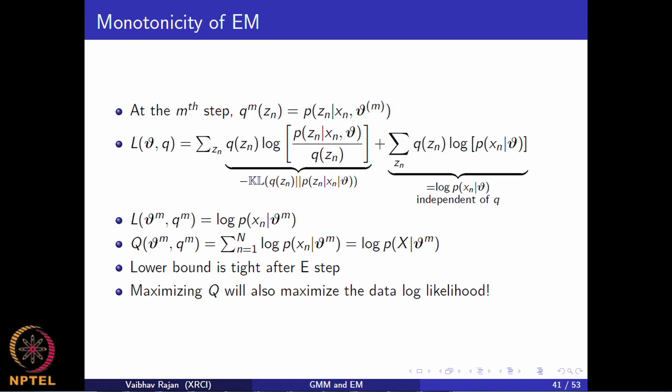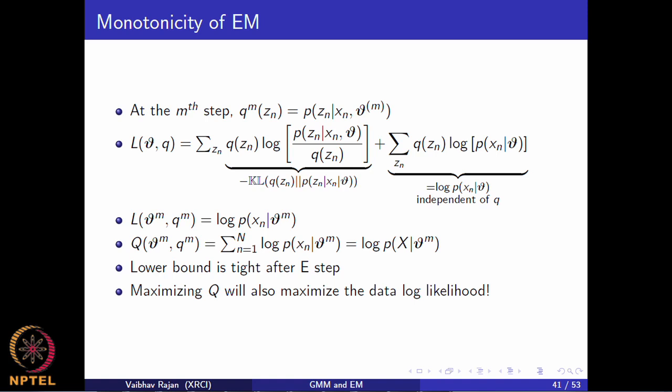At the mth step we took Qm, the distribution of Zn, to be exactly the posterior distribution of Zn given the data points and the current guesses, and we saw that this likelihood is exactly equal to the KL divergence plus the log likelihood.